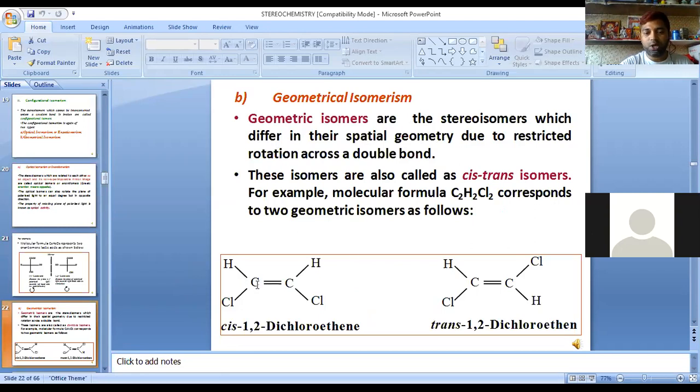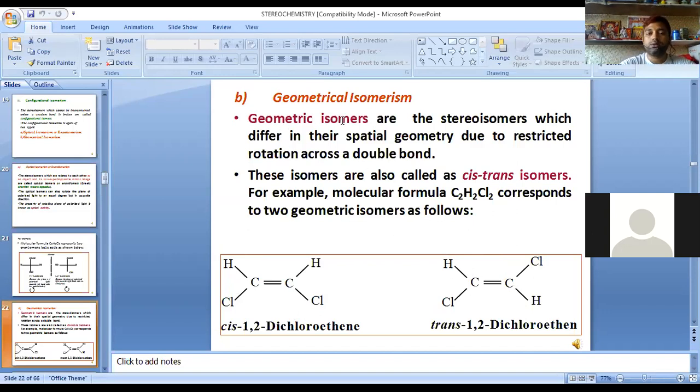See, we have two double bonded carbons, but the atoms are arranged in a different manner in the two molecules. Same molecular formula, but a different arrangement of atoms.